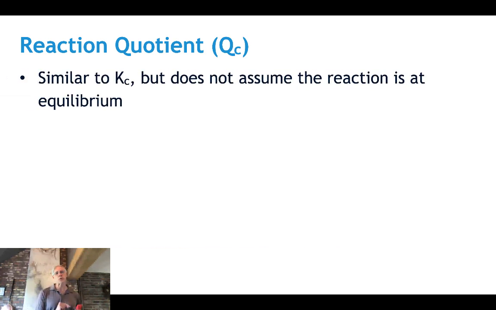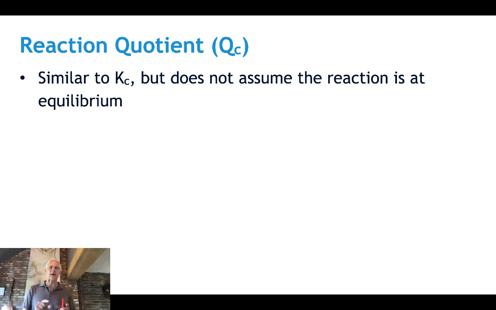Now, I mentioned earlier, if you were to check your reaction, put in your concentrations, do a calculation, and find it's not equal to the equilibrium constant, that means that your reaction is not at equilibrium.